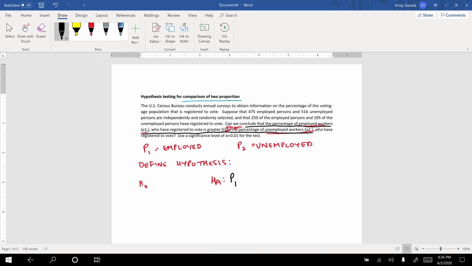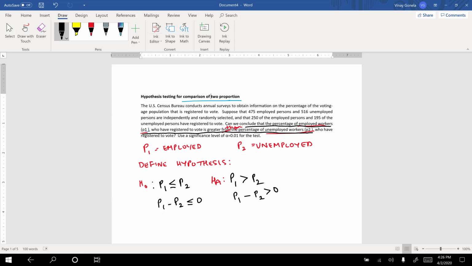So that will be our alternative. This can also be written as P1 minus P2 greater than 0. So our null on this side would be P1 less than or equal to P2, which is P1 minus P2 less than or equal to 0. So that will be our hypothesis.